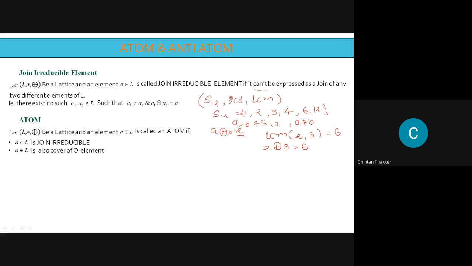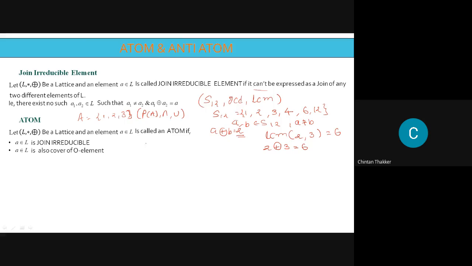In a similar way, you can talk about intersection and union. Let A equal {1, 2, 3}, then P(A) with intersection and union is a lattice.